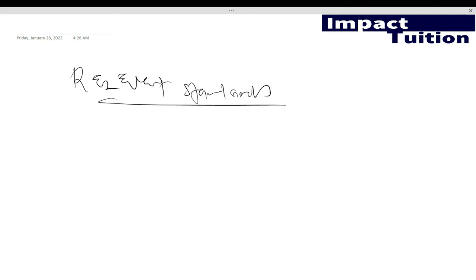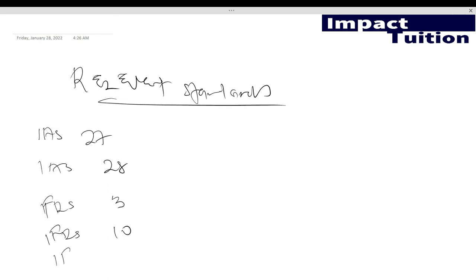So we'll look at IAS 27, IAS 28, IFRS 3, IFRS 10, IFRS 11, and then IFRS 12. So basically, for basic consolidation, these are the standards we'll be considering.